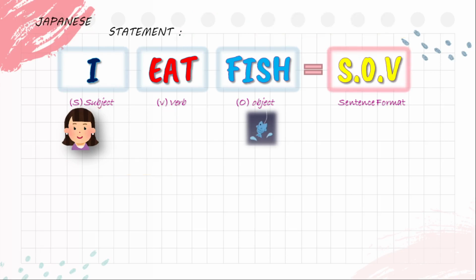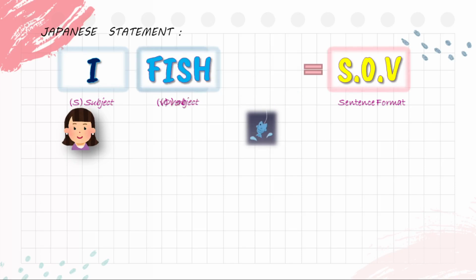Now you have to be a little careful. It's no more SVO, but it became SOV. SOV, okay? So according to this, the object should be in the middle and the verb should be at the end. Exactly. Great. We understood that the Japanese statement order is I fish eat.